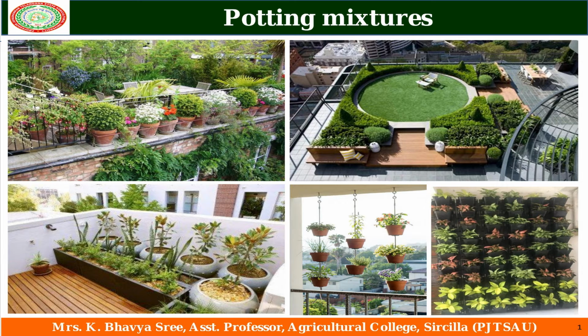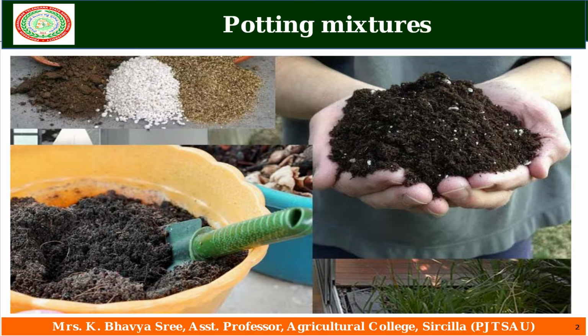They include rooftop gardening, hydroponics, vertical gardening, etc. So different types of gardens require different types of plants, and different types of plants require different types of potting mixtures. According to their growth habit and also the place where they are growing, these potting mixtures would be different. So what a potting mixture actually is? A single component cannot actually support the complete growth of the plant.